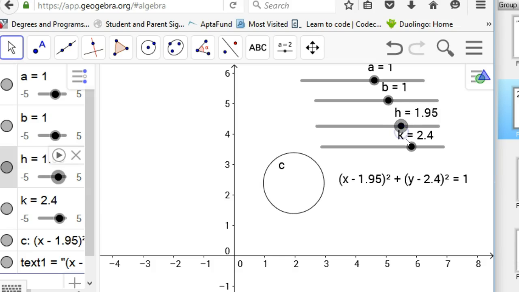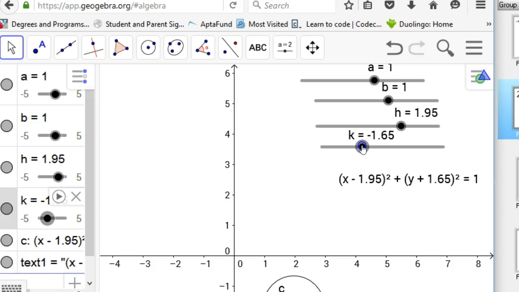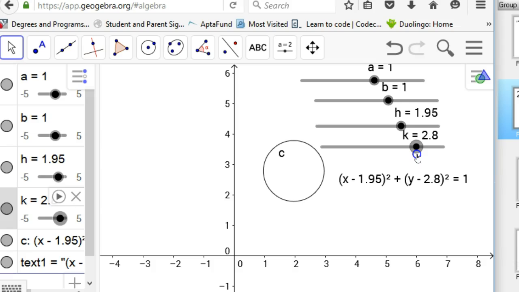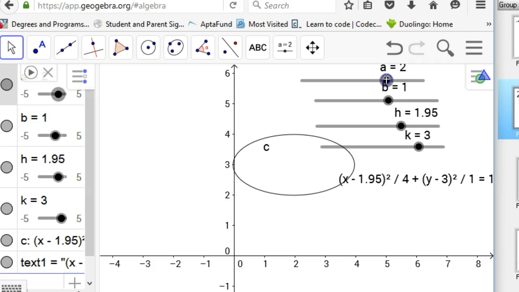So we shifted it right with h. Can't quite get it perfect. Okay, close enough. And as you move k, it goes up 2.8, 3. Notice it's up 3 right here. So that changes your center. Now if you change a and b, I put a underneath the x value, and notice if I change a to 2, that makes this 4 because it's squared.